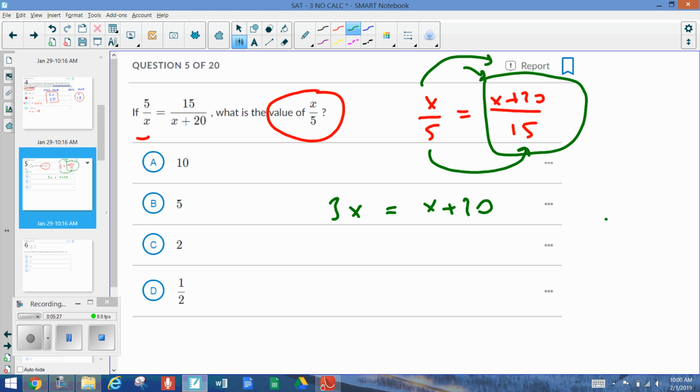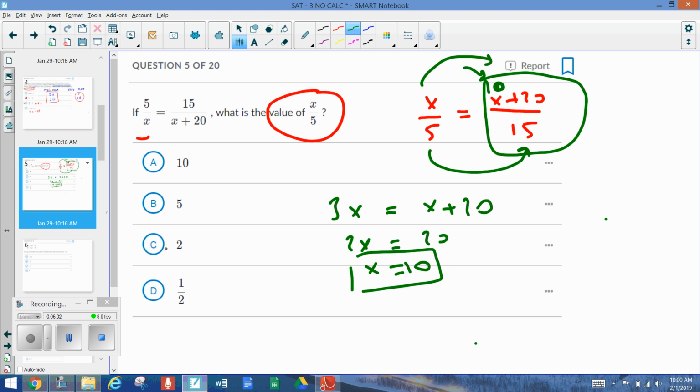Because look over here, 3 times 5 equals 15, correct? So 3 times x must be equal to x plus 20. It's proportional. When you make it 3x, that'll be equal. When you solve it, subtract x from both sides, 2x is equal to 20, x is equal to 10. If x equals 10, plug it in here. This is 10.